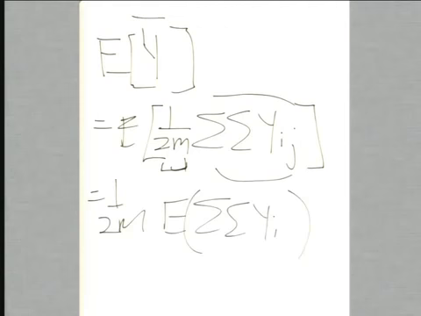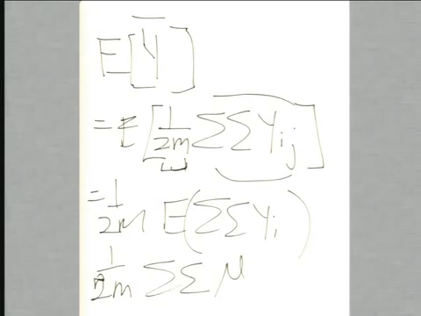Now, what is the mean of a sum of random variables? We just went over that. It's the sum of the means. So 1 over 2m times the sum of, what was the mean? We already did that before. It was mu. So if I take the sum up, I'm summing mu over and over again 2m times, or capital N times.